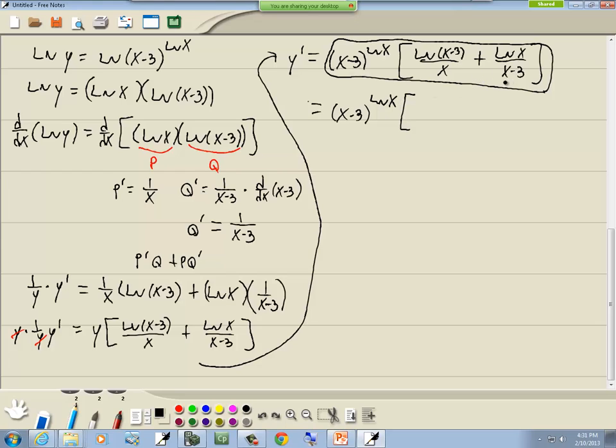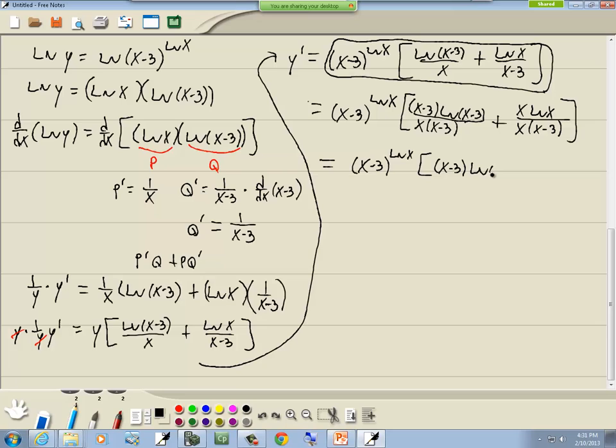Now I'll skip a few steps. Basically, our common denominator is x times x minus 3. So this top part here becomes x minus 3 times natural log of x minus 3 plus x times natural log of x, which gives us x minus 3 to the natural log of x times x minus 3 natural log of x minus 3 plus x natural log of x, all over x times x minus 3.